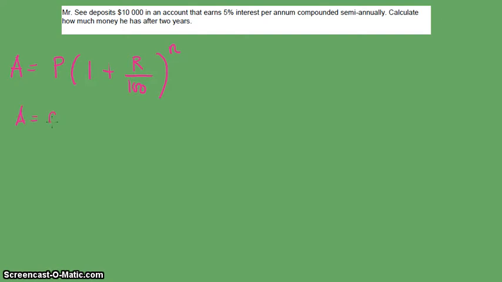So A is the amount after some years, after applying the percent or the interest, and then P is the amount you deposit, amount deposited, in this case in the account, and R is the rate, this is the one in percent, and N is equal to the number of years times the number of times the principal is being compounded.